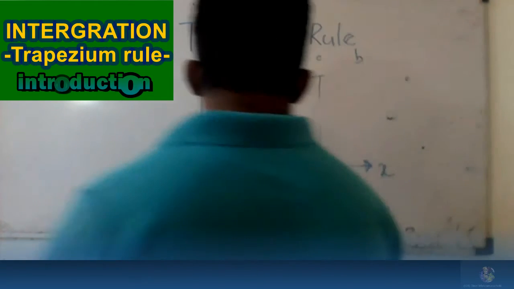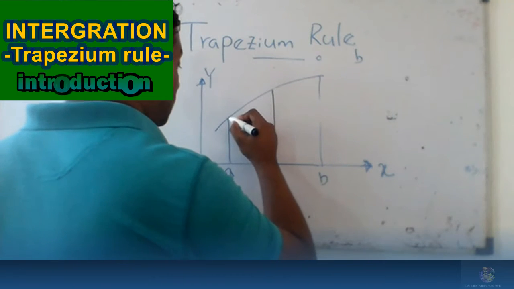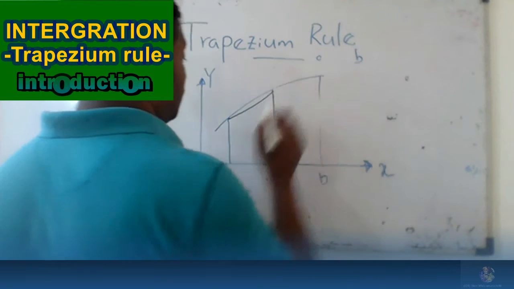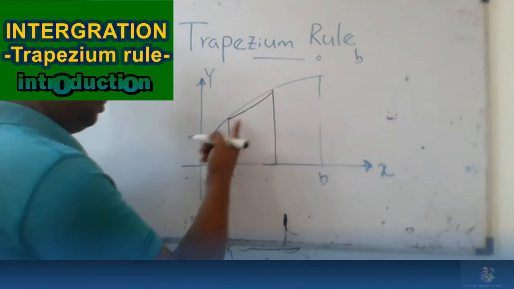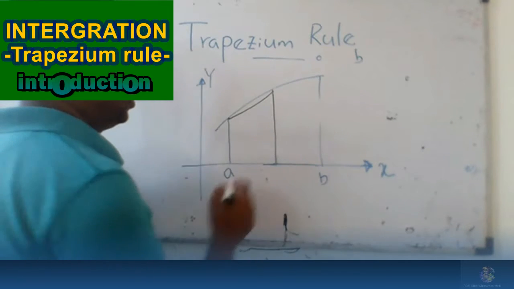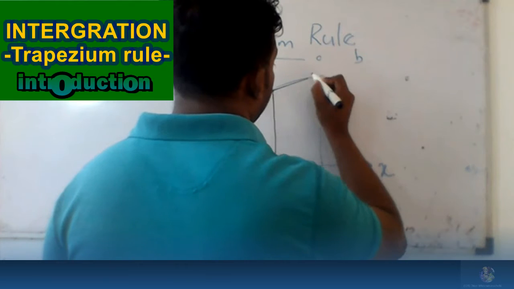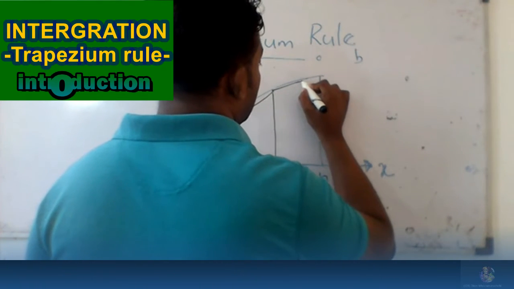Then you can have a trapezium by interconnecting these two, and for this you will have a trapezium like this.